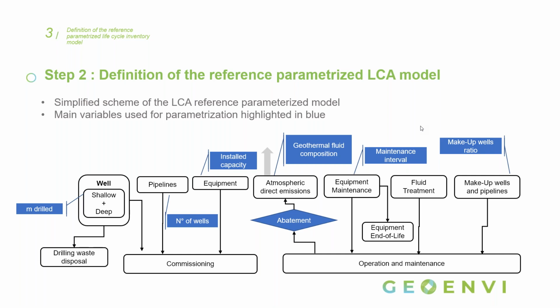And here I highlighted some important parameters. For example, for the well, I have the meters drilled, and this process will cover also the shallow and the deep well, because the binary power plant is characterized by both kinds of well.